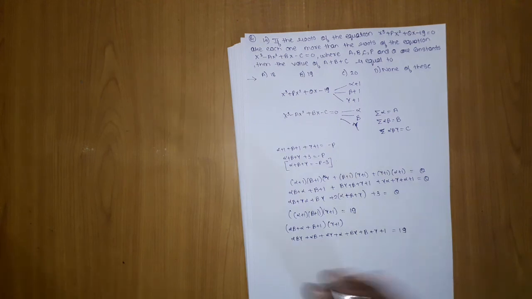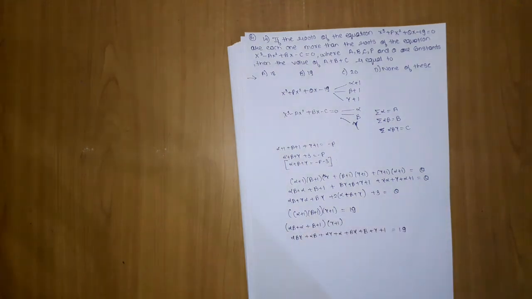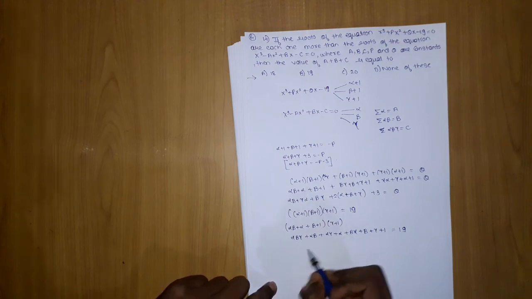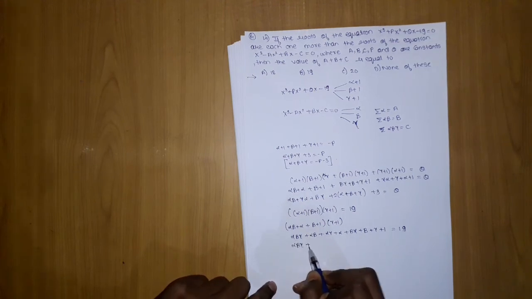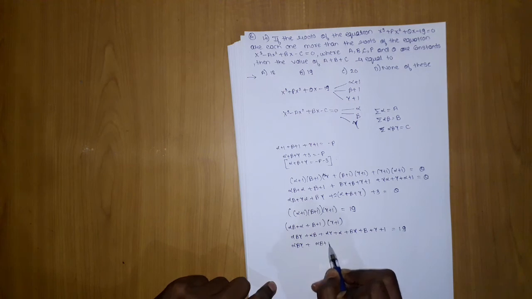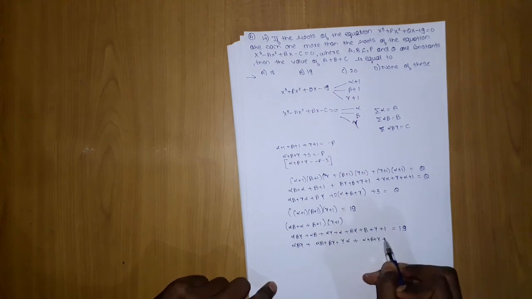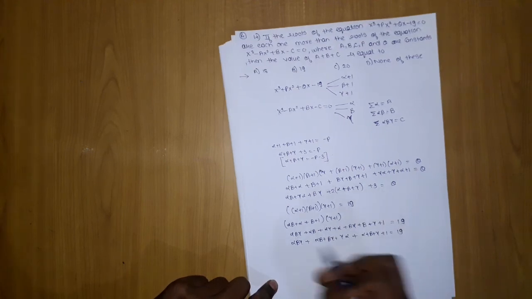Now what we are getting, let's arrange it: alpha beta plus beta gamma plus gamma alpha, then alpha plus beta plus gamma plus 1 equal to 19.